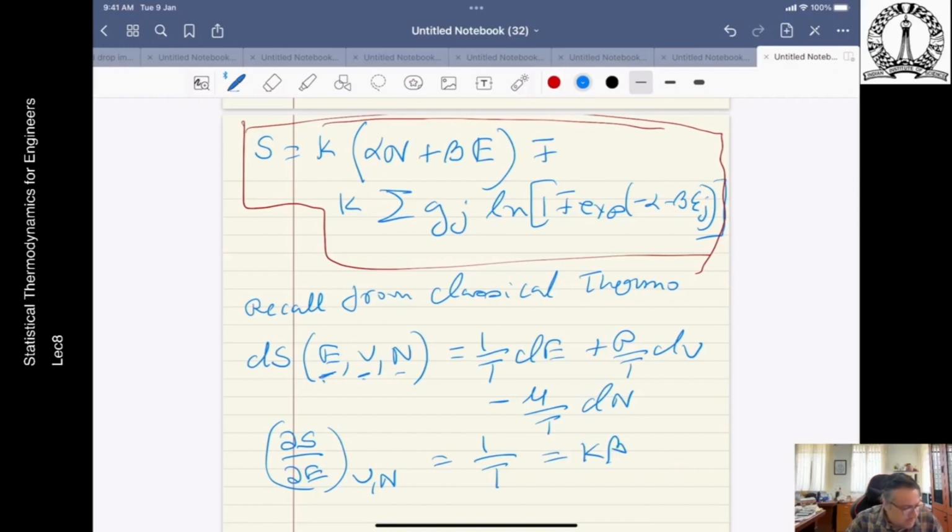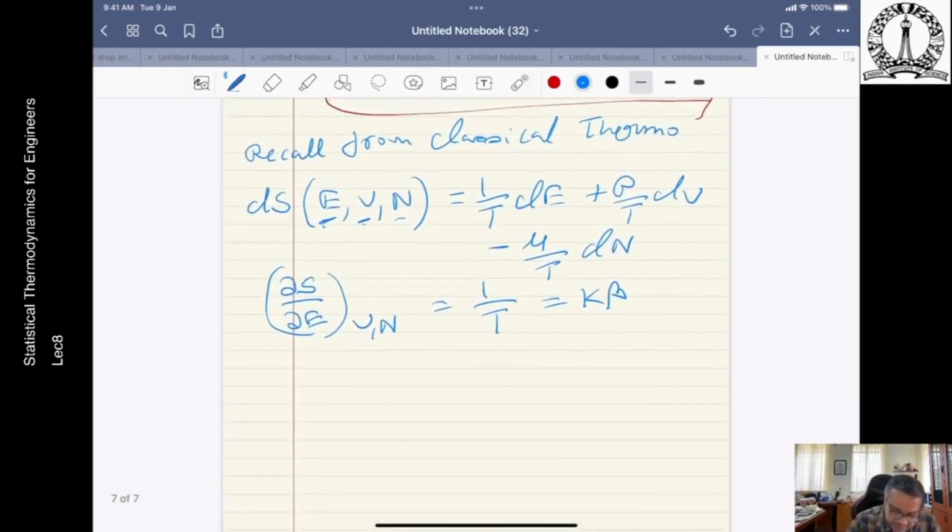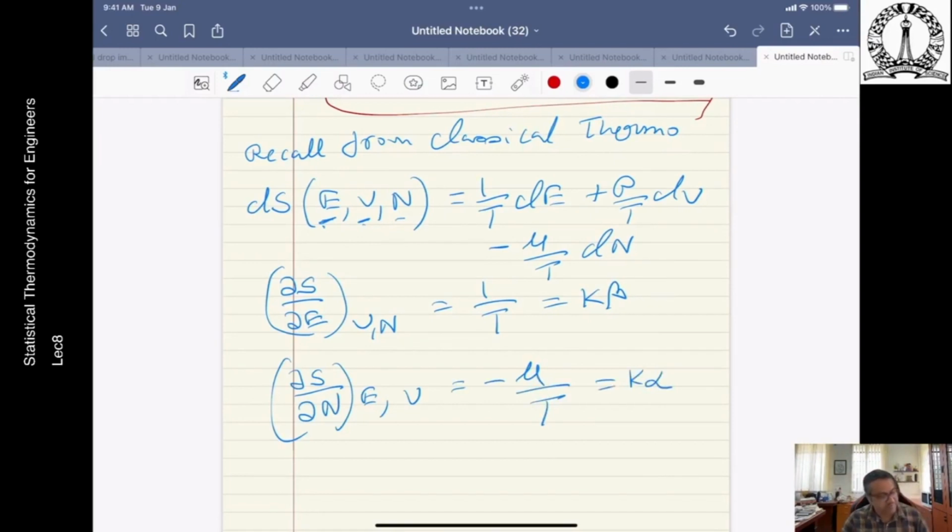You got the point? If you differentiate with respect to E, with V and N kept constant, you will get 1 over T. So that is your K beta. Understood the point, right? And similarly, dS by dN, when you keep E and V constant, is equal to minus mu over T, which is equal to K alpha.